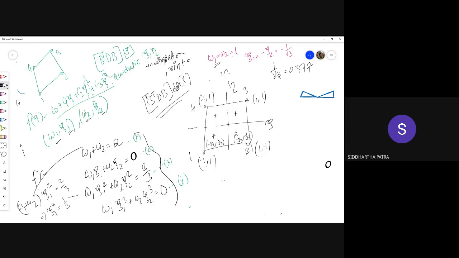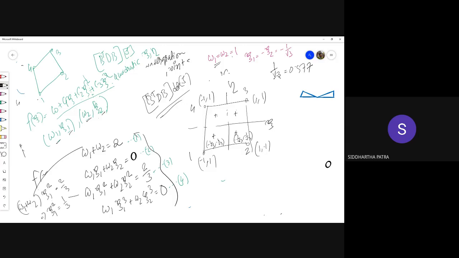And that you do irrespective of the physical shape of the quadrilateral. If indeed the physical shape is a parallelogram, then you will get the exact value. If the physical shape is not a parallelogram, if it is a general quadrilateral, a trapezoid let's say, then you will get an approximate solution.